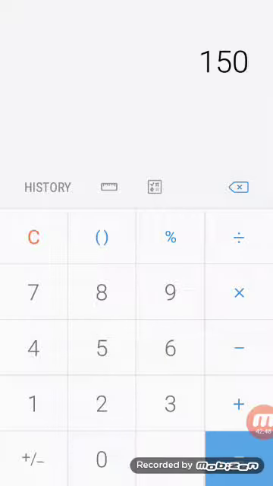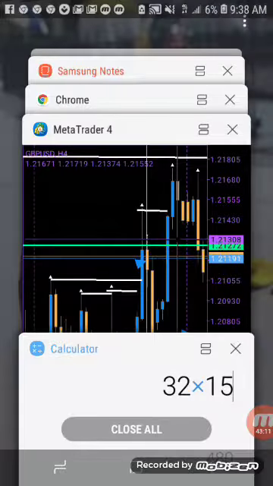That's about 150. But on a $1,000 account, I know I'm liable to catch 54 pips and, you know, 85, 32. That times 15. Come on, 480.